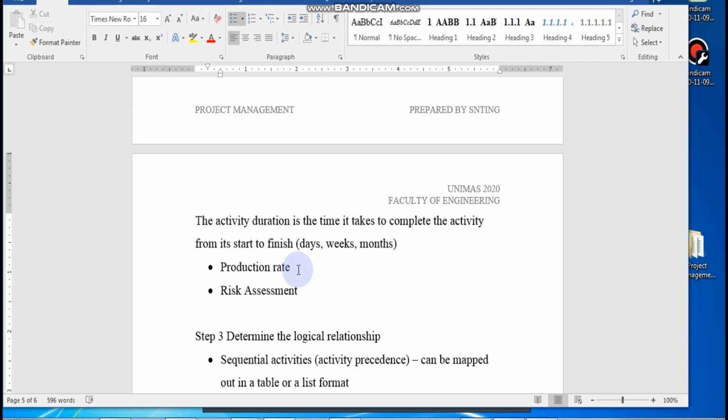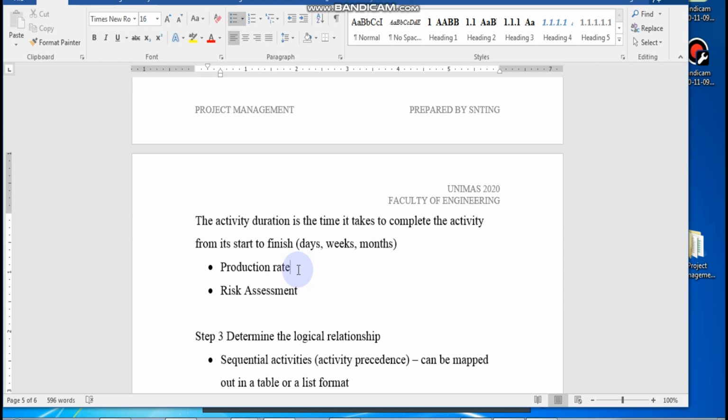And then sometimes you may have very newbie concreters, newbie carpenters, and newbie bar benders. Then you may need to factor it down, meaning you need to water it down by 30% or 20%. They may be late because they're not so good at it. So production rate is the first thing. Production rate is how much the resource can do in a day.